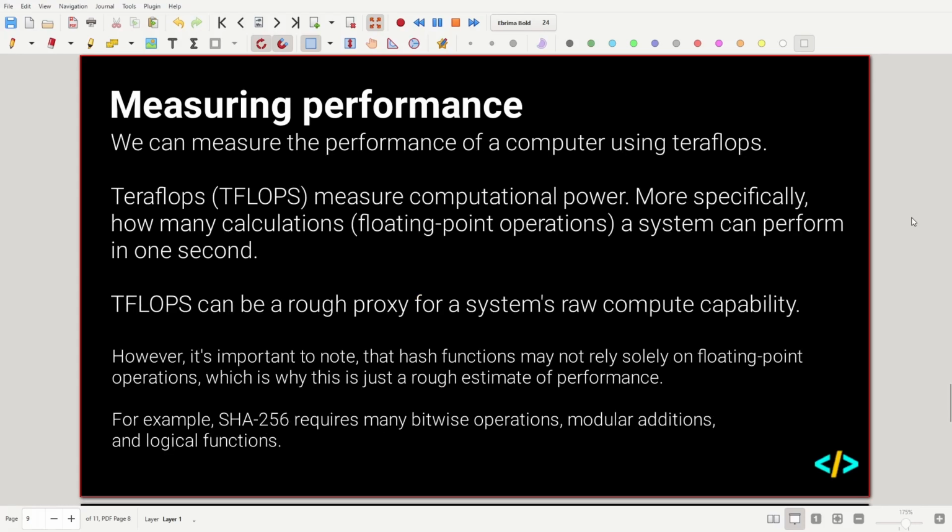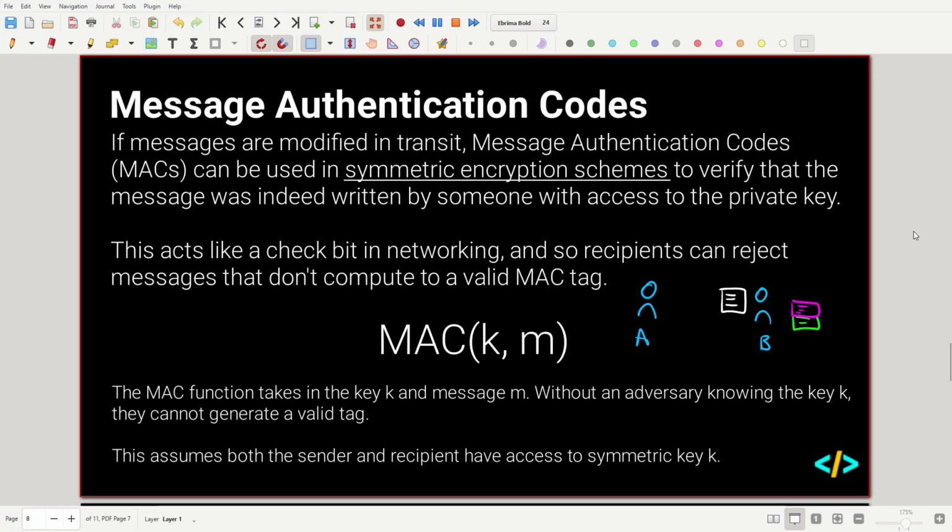Why do you need a key to compute the message authentication code? Is it used to calculate it or just to encrypt it? The key in a message authentication code, we're not trying to encrypt anything. We're not trying to prevent anyone from seeing the message. What we're trying to do is prove that we wrote the message. If Alice wants to prove that she wrote something and send that message, she will compute the MAC for that message, and no one else can do that.